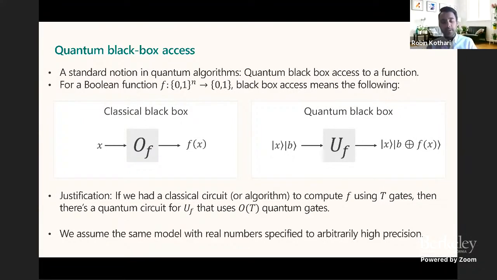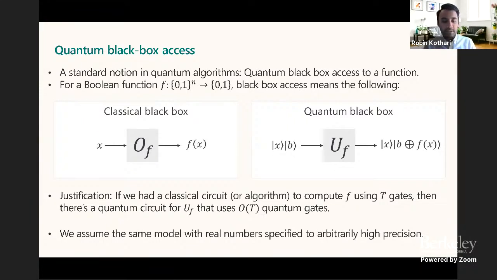So you have some classical black box that takes in an n-bit string x and outputs a bit f of x. This is not reversible or unitary, so you would make it into a quantum black box. And the justification for why this is reasonable is because if you had a classical algorithm or a classical circuit that did the thing on the left, then you can convert it to a quantum algorithm in a completely mechanical way that does the thing on the right, and the gate complexity will be the same. It'll use the same number of gates, so that's why it makes sense.